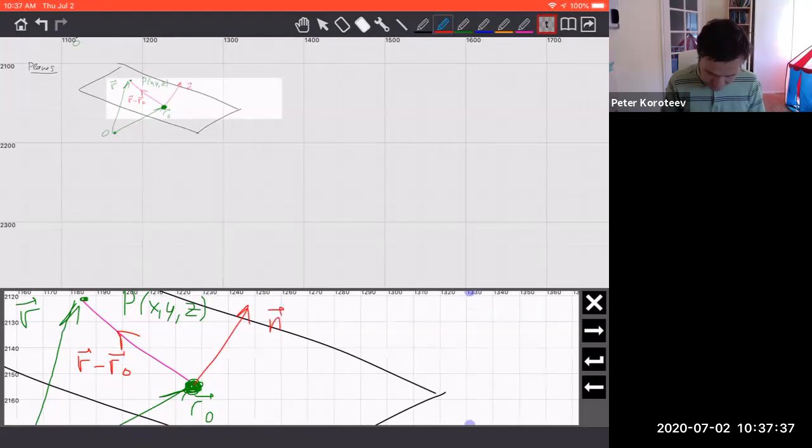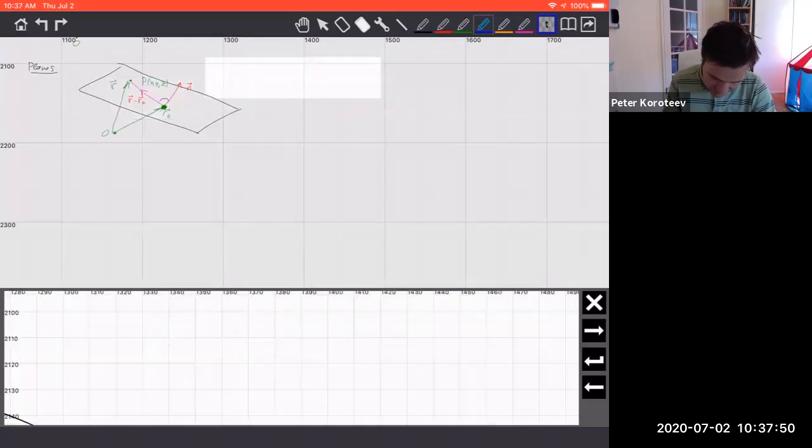We call it N, which makes a 90-degree angle with everything in the plane, in particular with this line. So it suffices to simply write that the dot product of N times (R minus R0) is equal to 0.